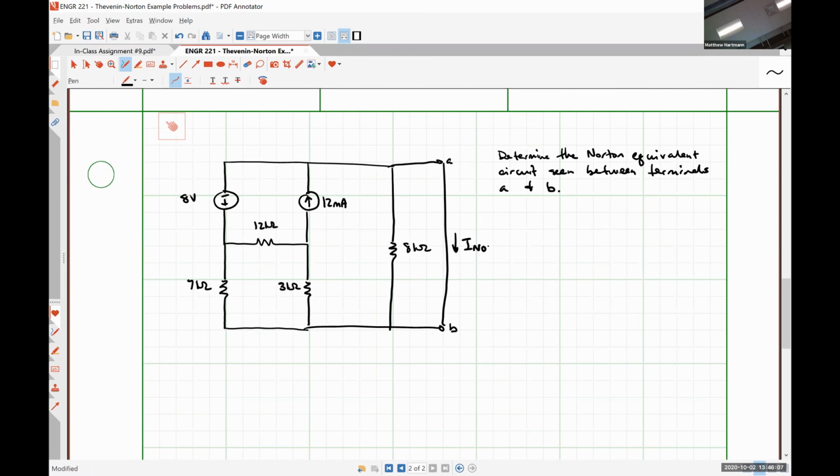All right, so my question to you all now is, how are we going to find that short circuit current? What circuit analysis technique or combination of techniques might we use?